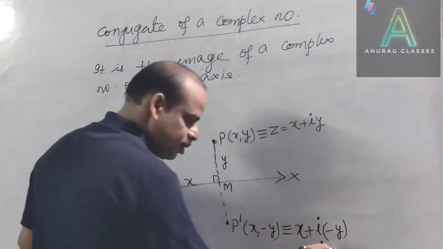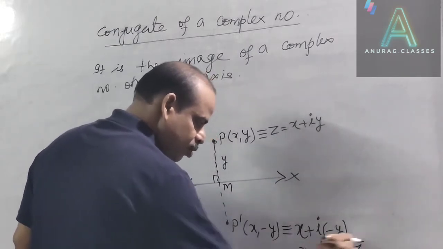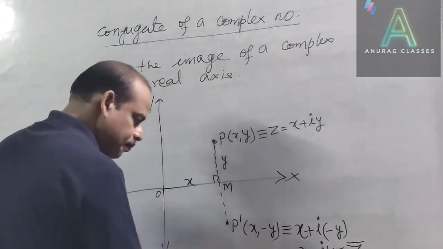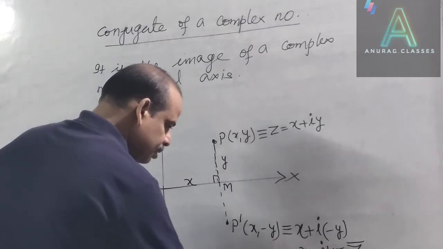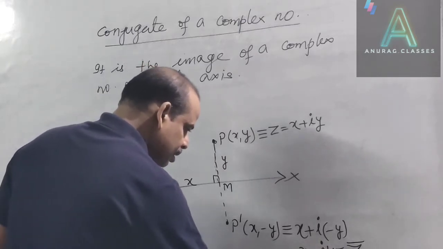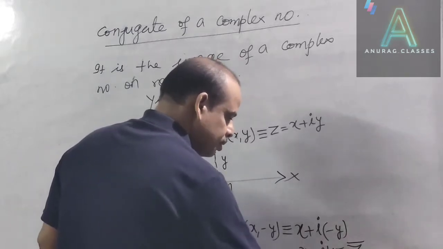This complex number is known as the conjugate of z and we denote it by z bar. Here z bar is the conjugate complex number.